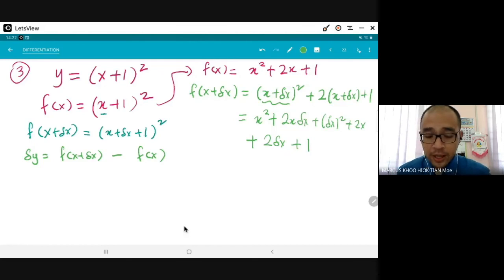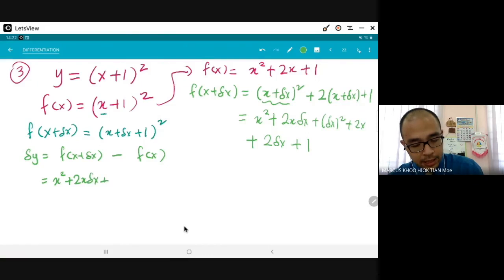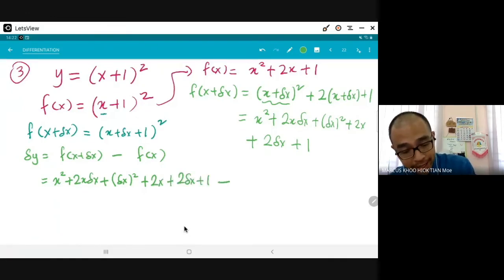Very long. Okay, and there's literally nothing we can do to simplify it. So we bring it all in. x squared plus 2x del x plus del x squared plus 2x plus 2 del x plus 1 minus, then we put this in, x squared plus 2x plus 1.